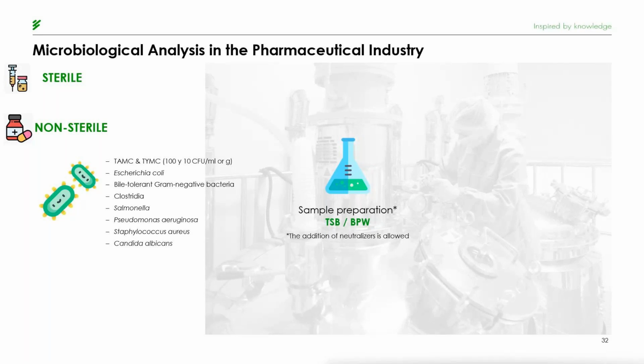Each of these pathogens has a method and a selective media, but sample preparation is very important, and depending on the analysis, TSB broth or buffered peptone water can be used. And if the product has preservatives in its formulation, neutralizers can be added in this step. So if anyone is interested in learning more about each method, we have webinars detailing each type of analysis. And as I mentioned before, you can find the links to the recordings on our website.